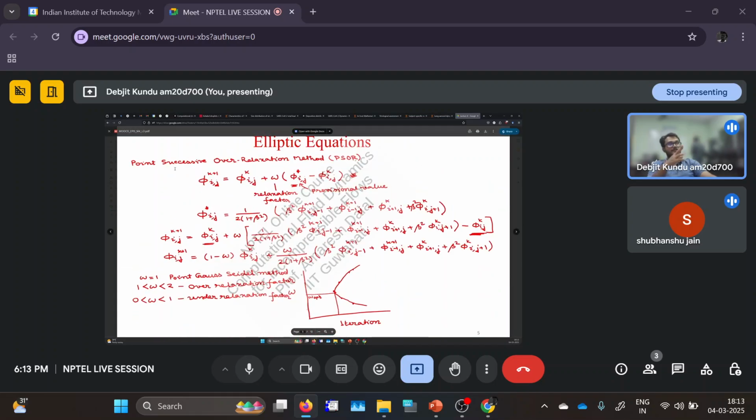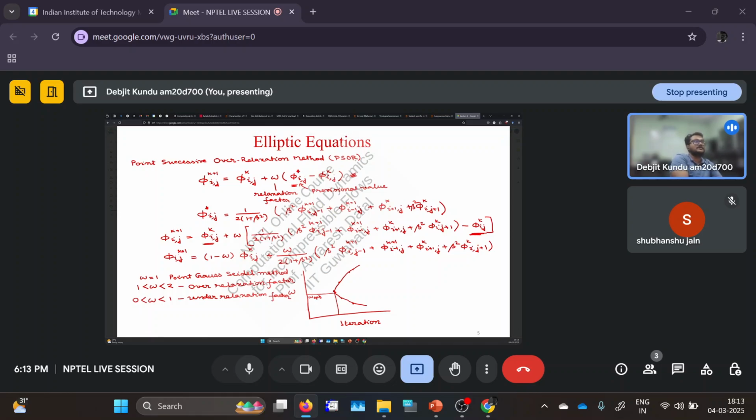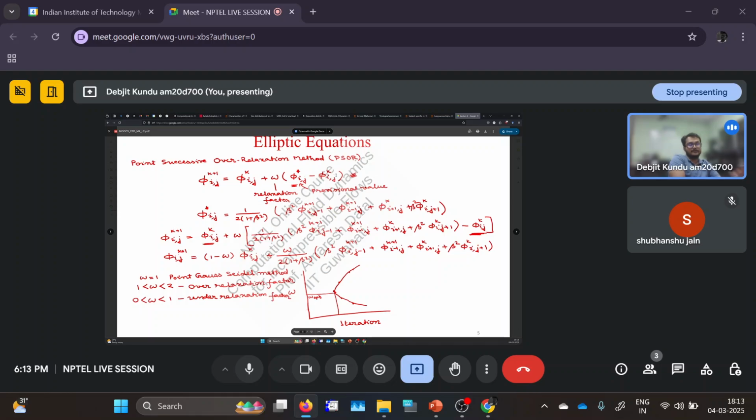And this is where it teaches us point successive over relaxation, which is the same idea but for the point Gauss-Seidel method. Can you see my cursor? If I hover my cursor over here, this phi ij star minus phi ij k, in the first equation over here, that is the change which would happen to phi ij k plus 1.